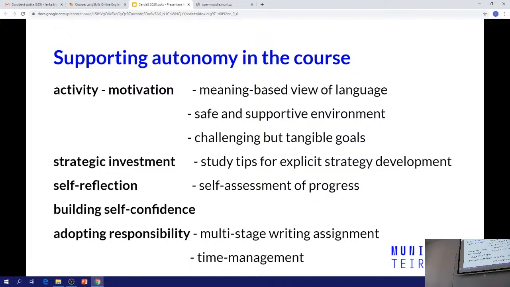But maybe the self-reflection I'd like to mention. We try to involve the students in assessing themselves, reflecting over their learning. So we ask them to say how they think they have developed, whether they progressed in their writing, for example, and to say what the problematic areas are, what they want to focus on in the next step.